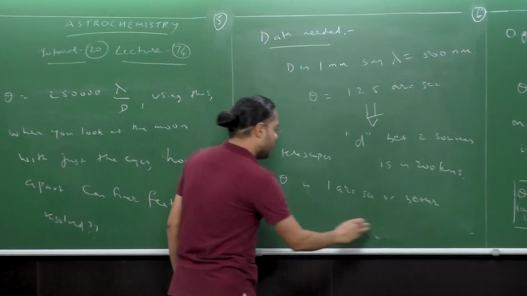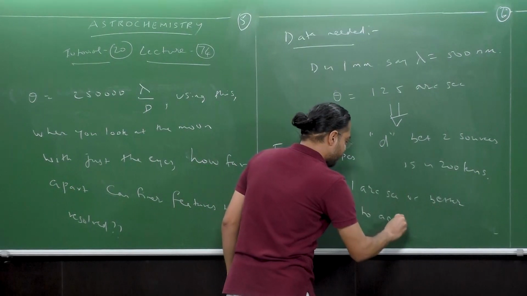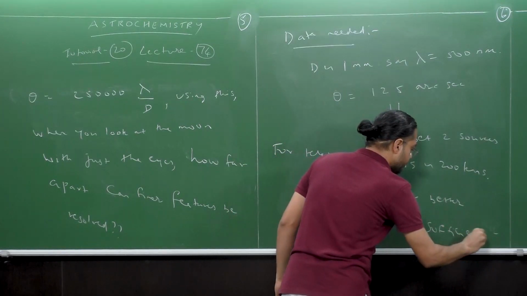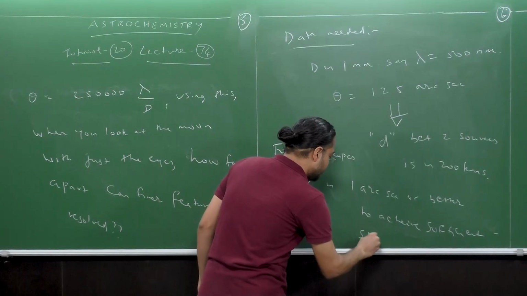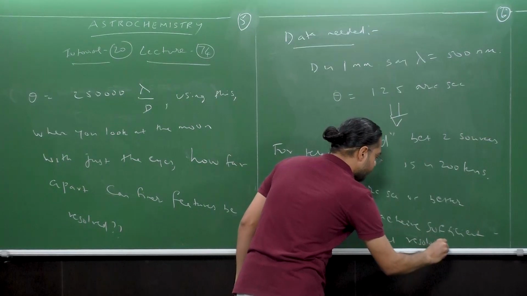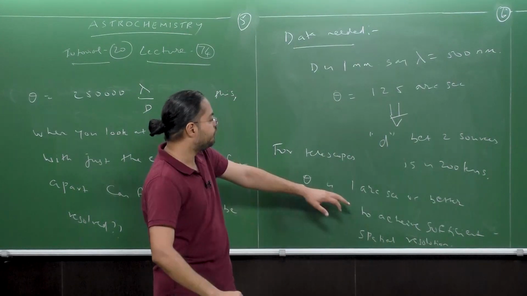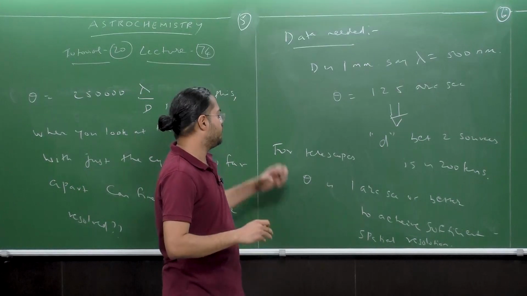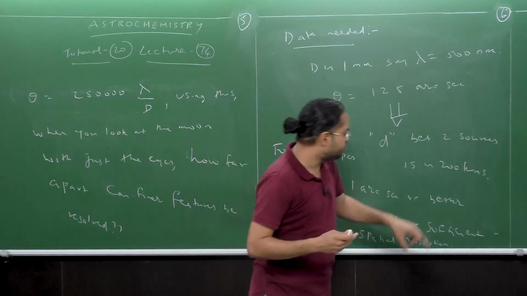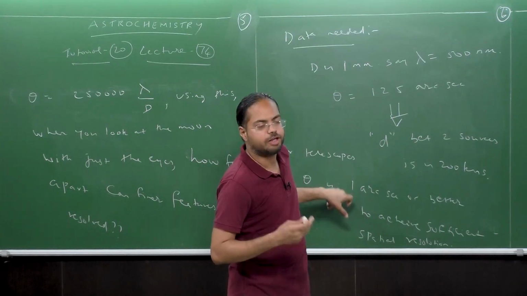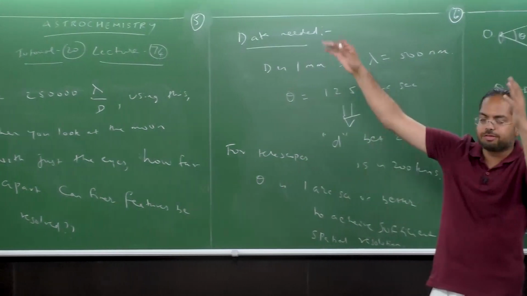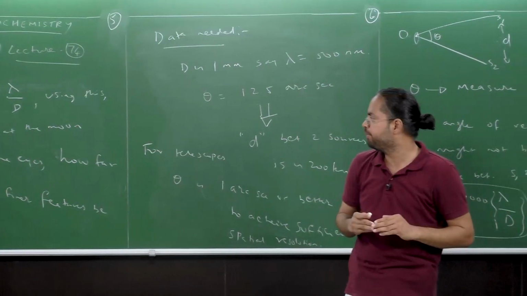Okay, to achieve sufficient spatial resolution, your telescope's minimum resolution should correspond to at least 1 arc second or better, right? That's when you will be able to distinguish objects which are lying close enough in the sky. All right, so please note this point.